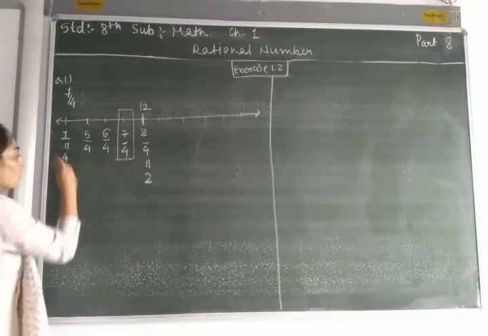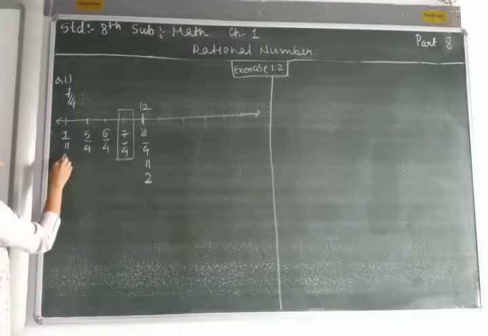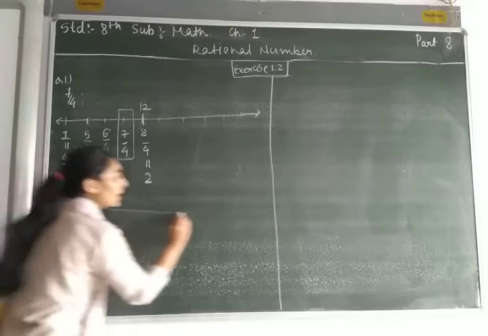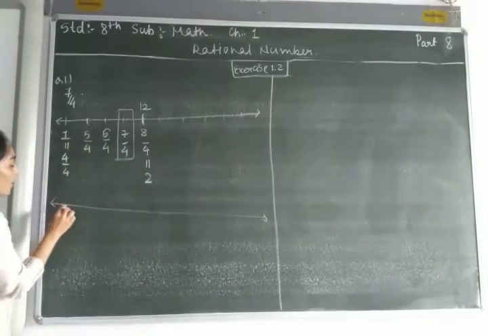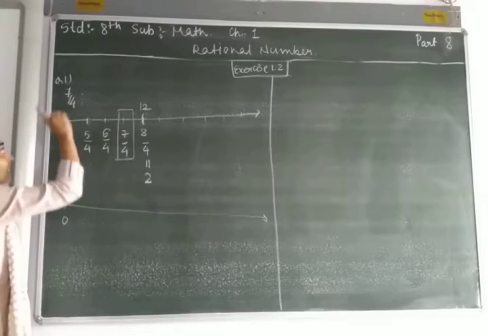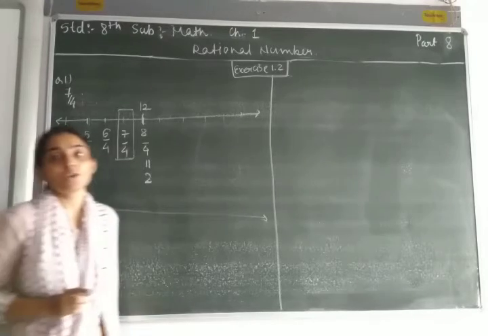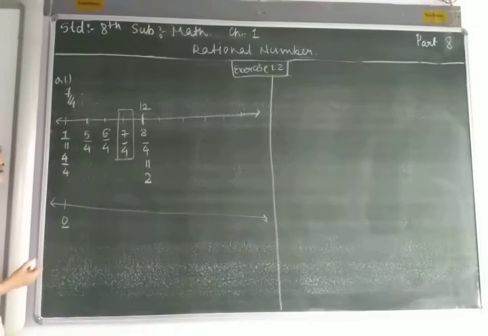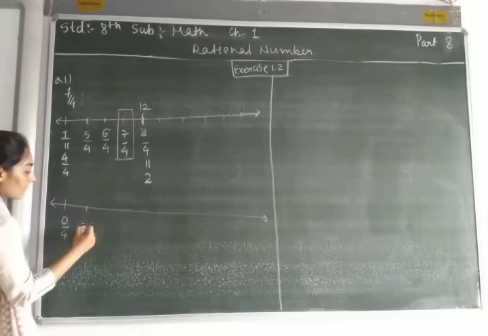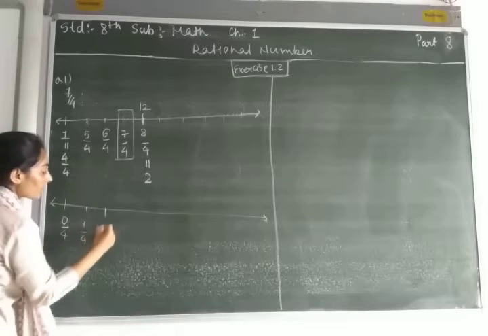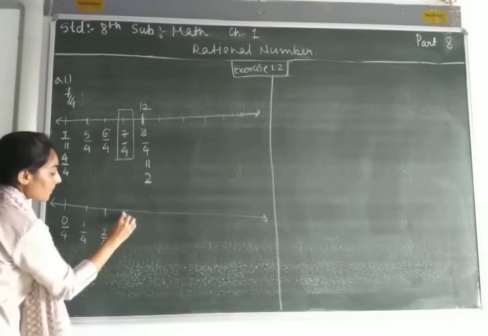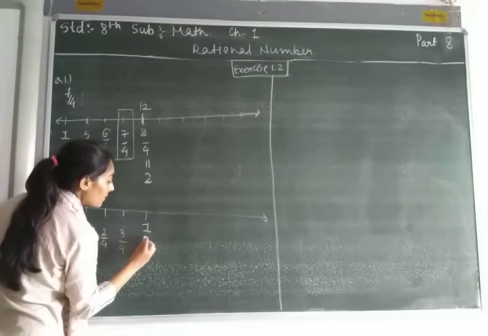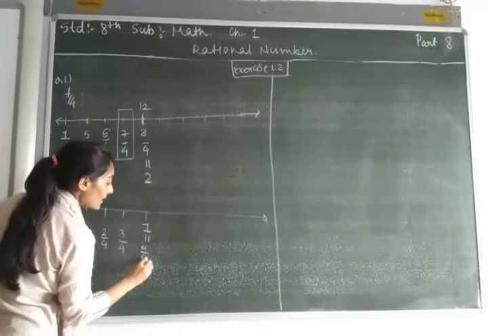Or else, if you don't know how to start, you can simply start your number line with 0, because this one is a positive fraction, so there is no need to write a negative side. So start with 0, then 0 by 4, 1 by 4, 2 by 4, 3 by 4, and 4 by 4, that is 1.